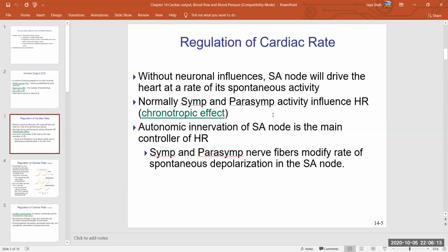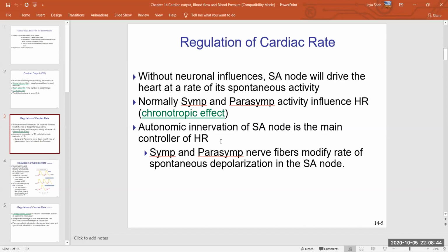Normally, sympathetic and parasympathetic activity influence heart rate, and that is called chronotropic effect. Sympathetic is a positive chronotropic effect, and parasympathetic is a negative chronotropic effect. Sympathetic increases heart rate, whereas parasympathetic decreases heart rate. Autonomic innervation of the SA node is the main controller of heart rate.